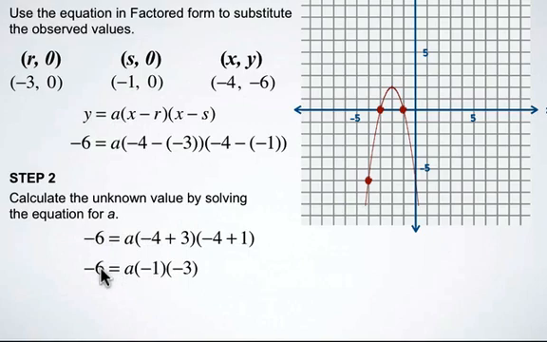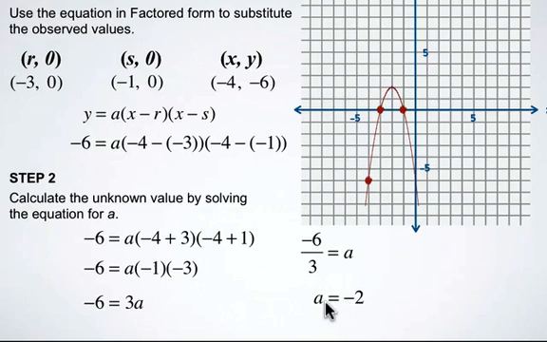This is equal to -6 equals a times -1 times -3. So -6 is equal to 3a. Therefore, -6 divided by 3 is equal to a, or a is equal to -2.